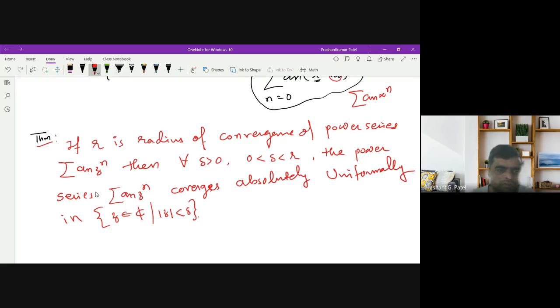So this is the first part of the statement, which tells you that if R is the radius of convergence, then under that radius of convergence, the power series is uniformly convergent.